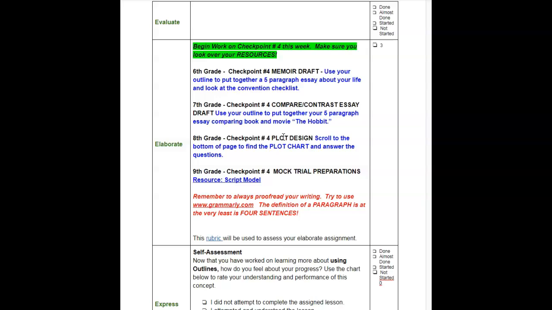Every link that I find on YouTube might not be authorized. They tend to put it up and then take it down again, but you can find parts of it on YouTube, or you can find the whole movie yourself, either streaming, or if you know that there's a video somewhere, go to a library and find the video of The Hobbit so you can compare and contrast the movie.